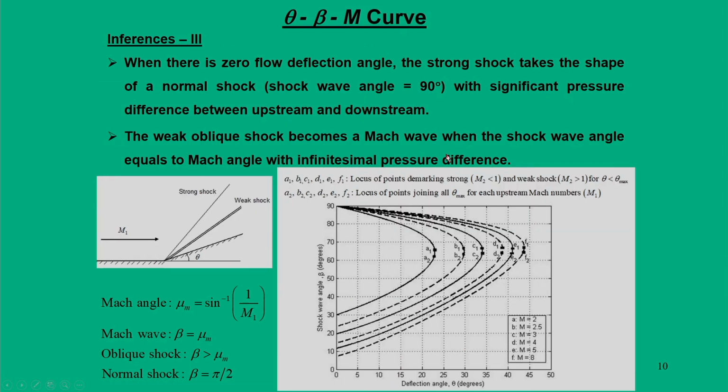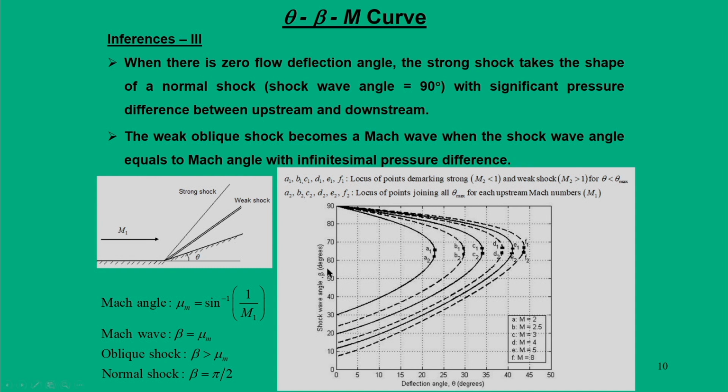The next inference is a very fundamental thing we have been talking about: Mach wave, oblique shock and strong shock, these three things. We always say that when Mach waves merge, it is the initiation of an oblique shock, and when the oblique shock becomes stronger, it becomes a normal shock. But what is the physical background of it?